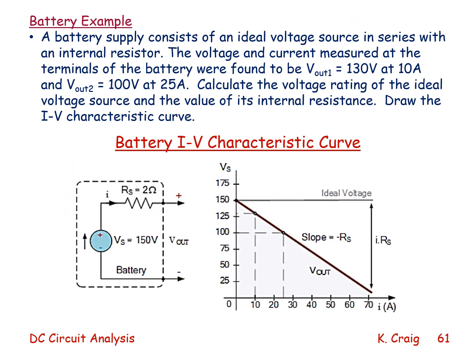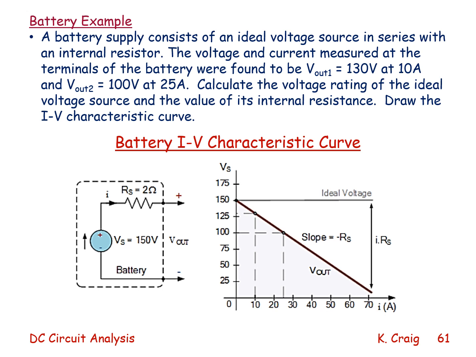As a battery example, a battery supply consists of an ideal voltage source in series with an internal resistor. And we see that in this diagram here, an ideal voltage source in series with an internal resistor, here represented as 2 ohms.